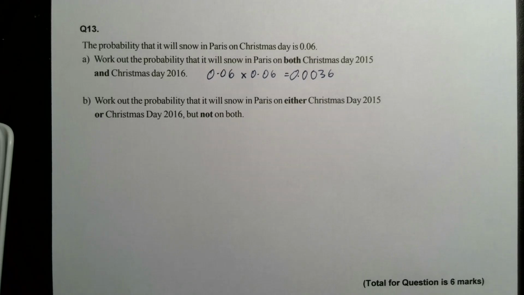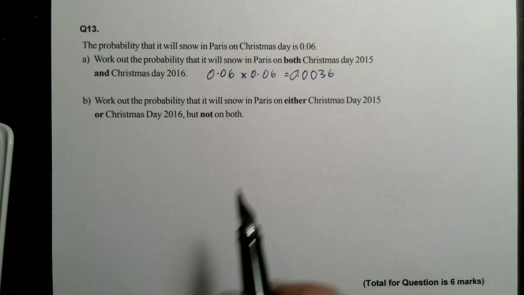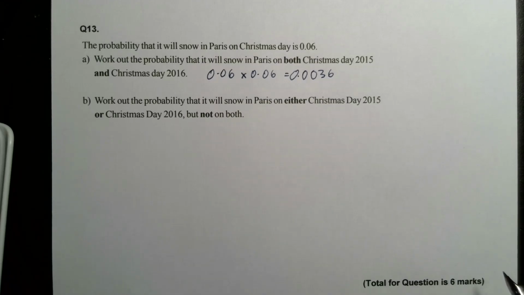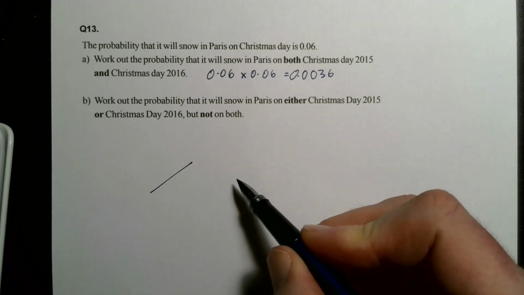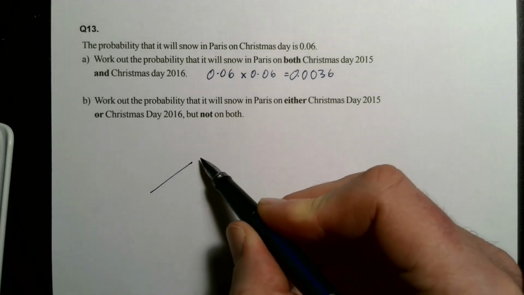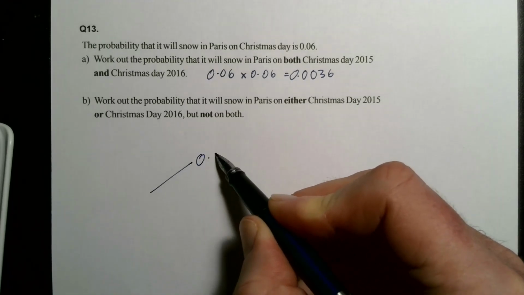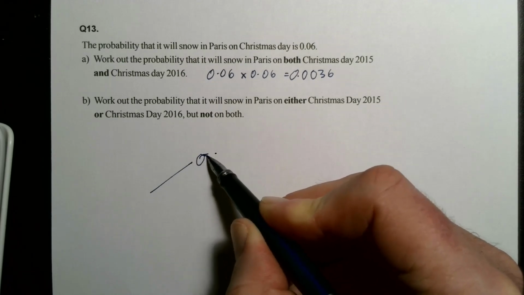And moving on from there, work out the probability it will snow in Paris on either Christmas Day 2015 or 2016, but not on both. Right, we're going to need a probability tree diagram to think about this, I think. So 2015 we have first. Snowing. So that's it.